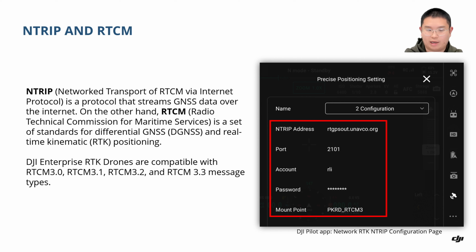One thing to mention is that DJI Enterprise RTK drones are compatible with the following RTCM message types: RTCM 3.0, 3.1, 3.2, and the latest, 3.3, so far. So theoretically, if the third-party network RTK system that uses the NTRIP protocol is also transmitting these RTCM message types, they are going to be supported with DJI Enterprise drones.